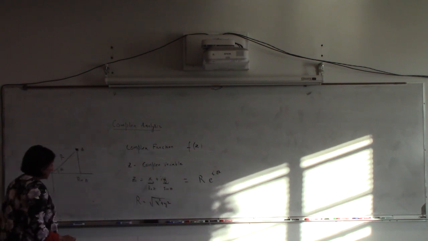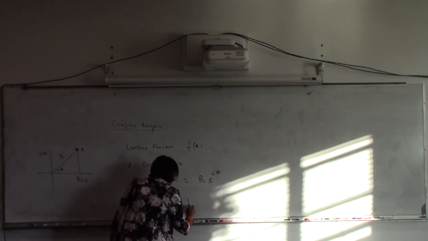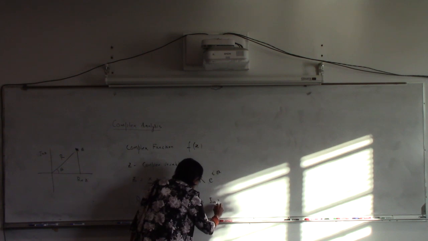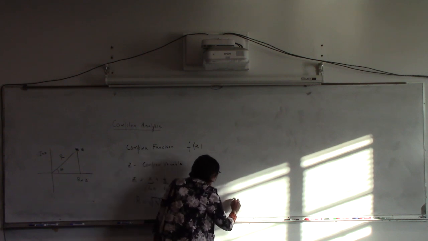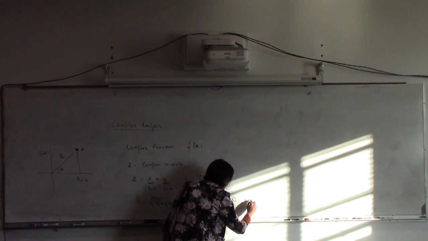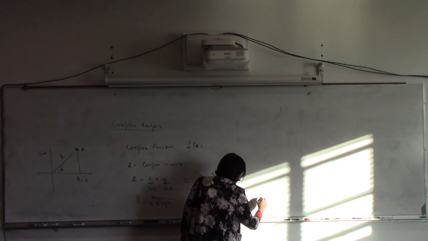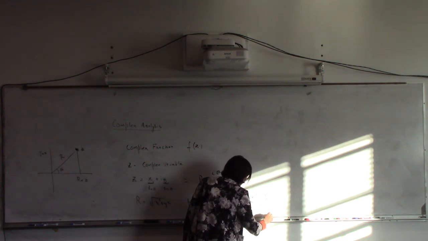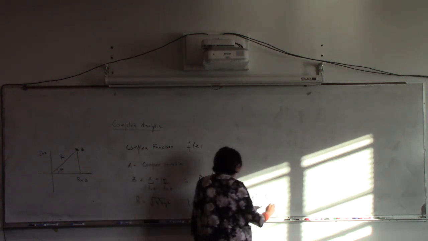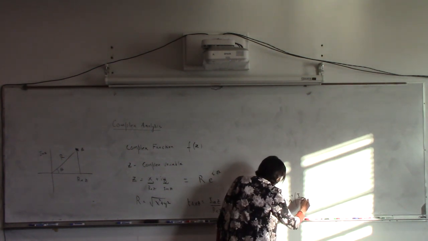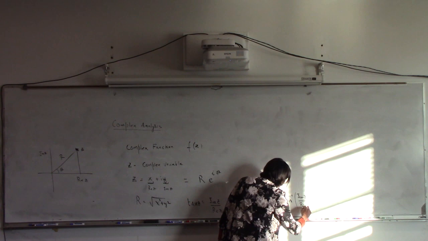Theta, of course, is such that tan theta is the imaginary part of z over the real part of z. So theta is tan inverse of y over x, which is the imaginary part of z over the real part of z.